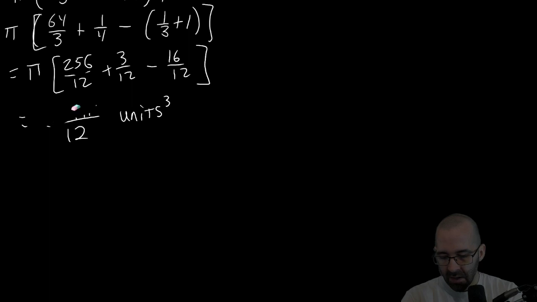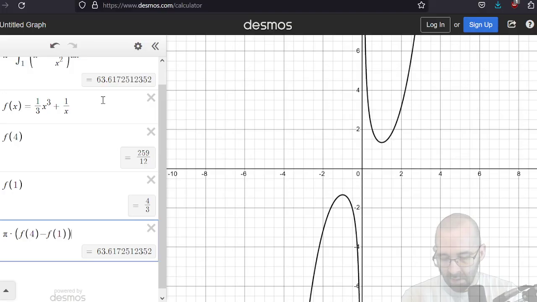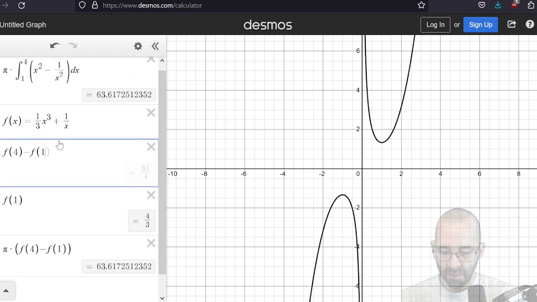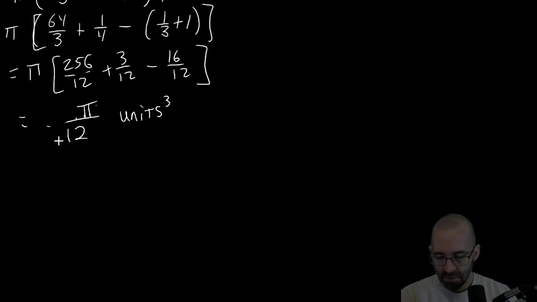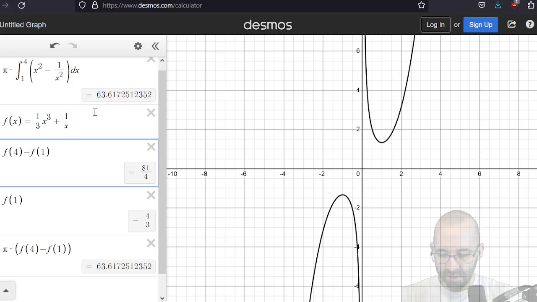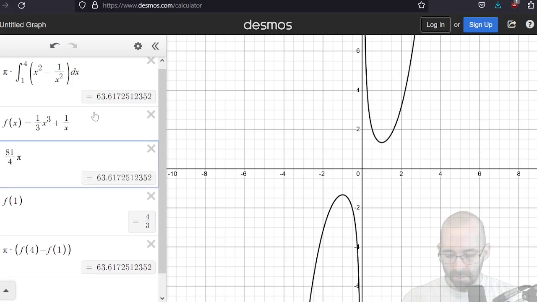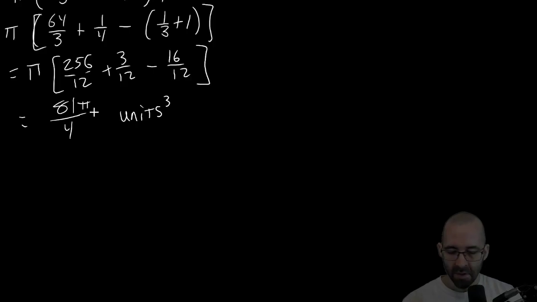And then we're going to get our final answer of f of 4 minus f of 1. Simplifies down to 81/4. Always good to check your answers. There it is. That's our volume.